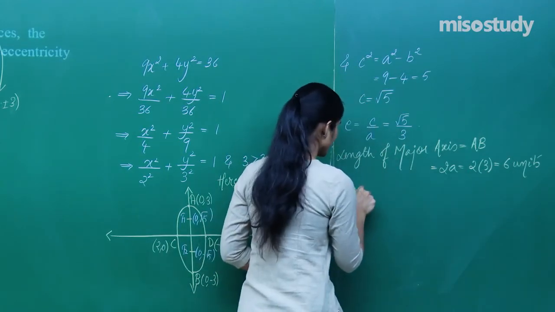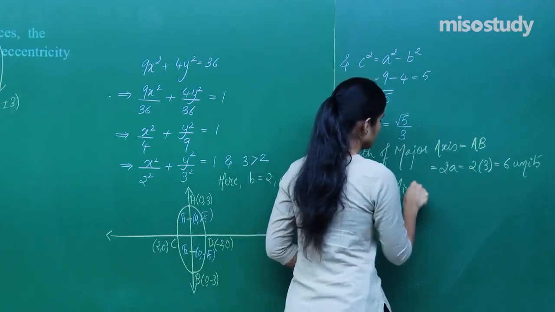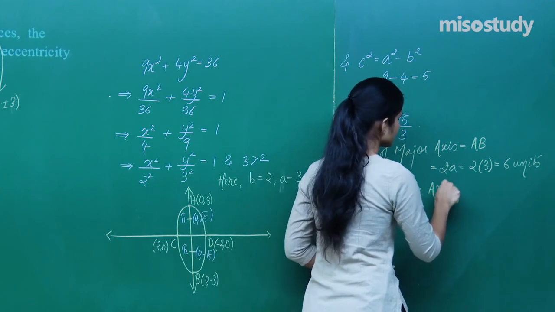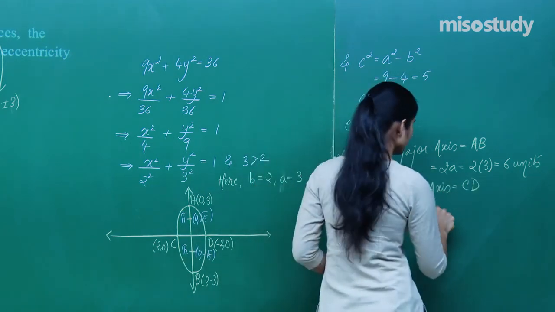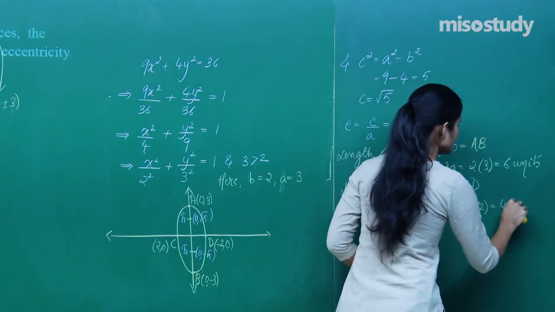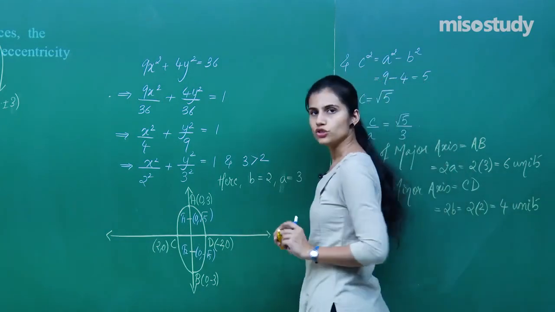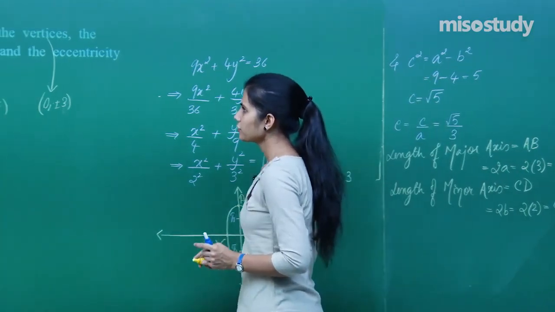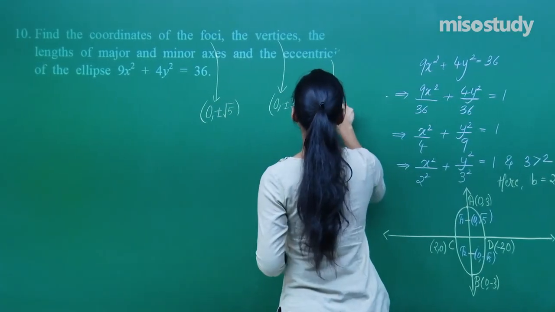So length of minor axis, that is length of the segment CD, is 2B, that is 2 into 2, that is 4 units, because B is 2. So length of the major axis is 6, length of the minor axis is 4 units, eccentricity is root 5 by 3.